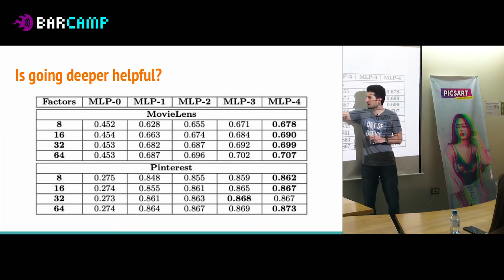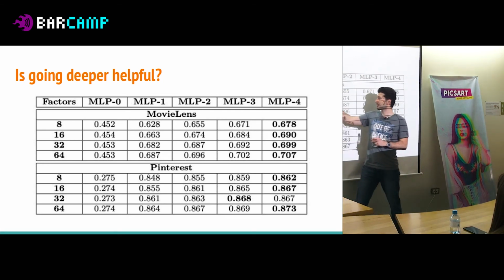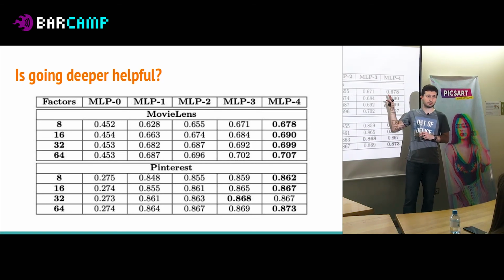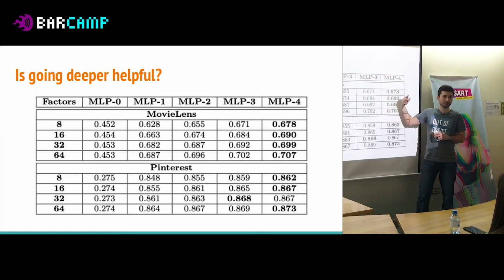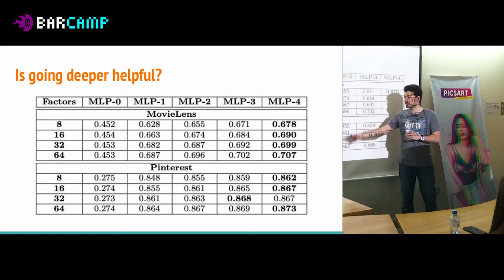We can see that if we fix the size of the latent vector, for example at 8, we consistently get an increase in our target metric, but the incremental increase is getting slower almost from the first or second layer, so it doesn't make sense for this particular task to go deeper than 4, but it still makes sense to add several layers. And the same is true for Pinterest.